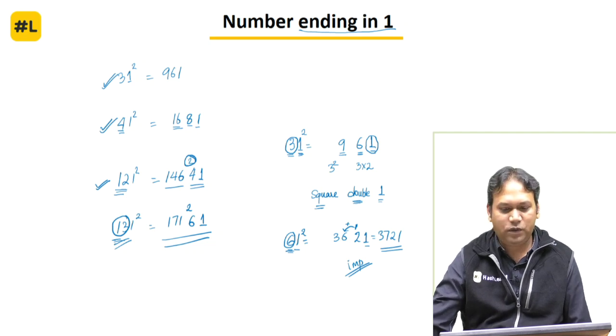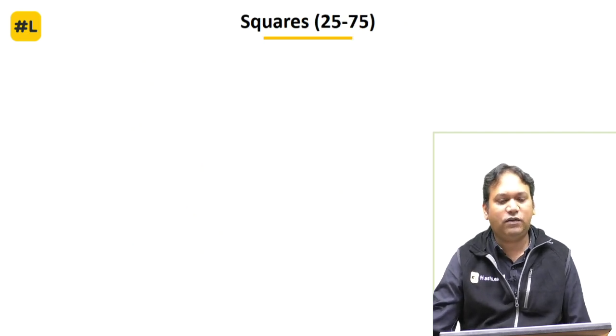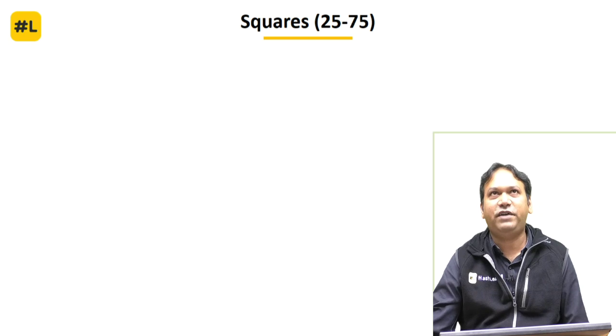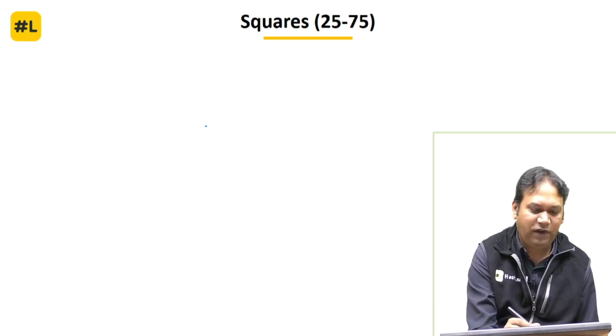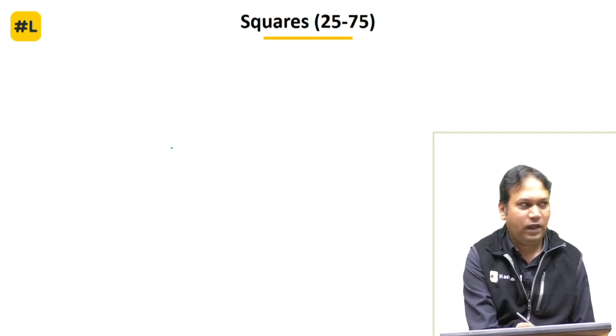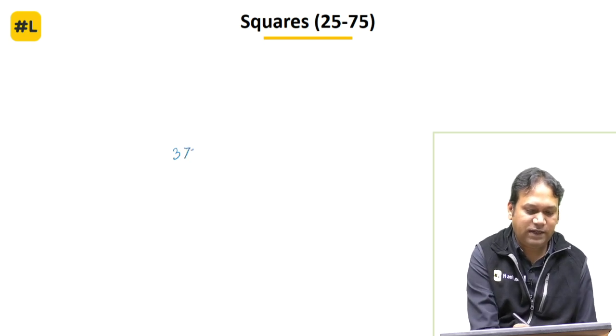So now we are going to move to the next technique, that is for numbers in the range of squares from 25 to 75. So squares from 25 to 75, quick technique I will teach you. 2 examples I will take. Suppose we have to find out 37 square.